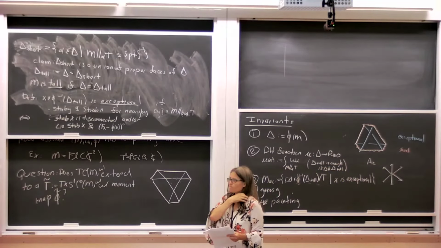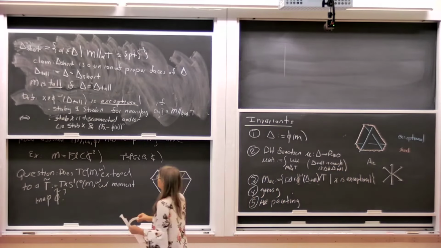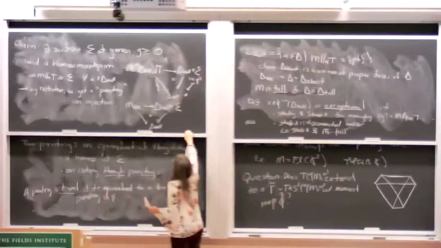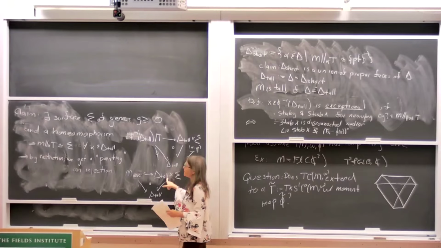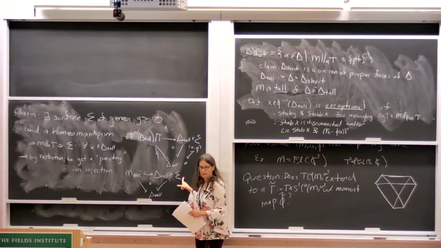I'm a bit confused. Could we make a dimension count to see how this works out? I'm looking at this diagram at the bottom of the top board. So this delta tau is n dimensional, right? That's right. The delta tau is n dimensional. So we have dimension n plus 2 on the right. Yep.